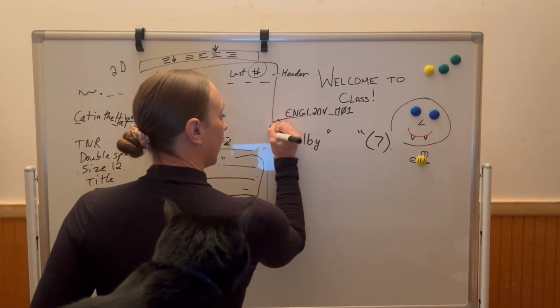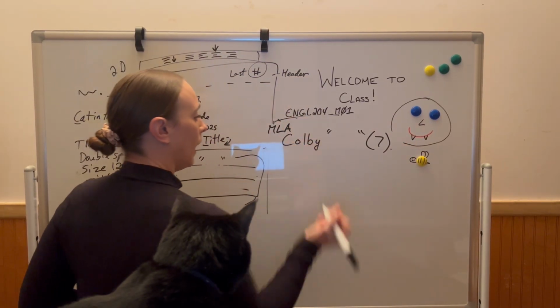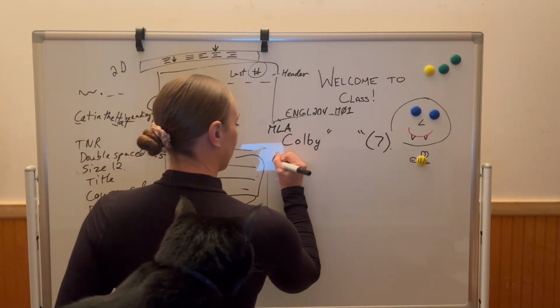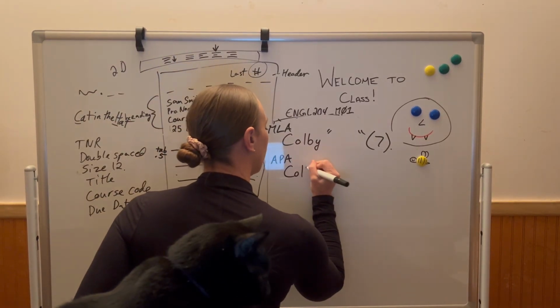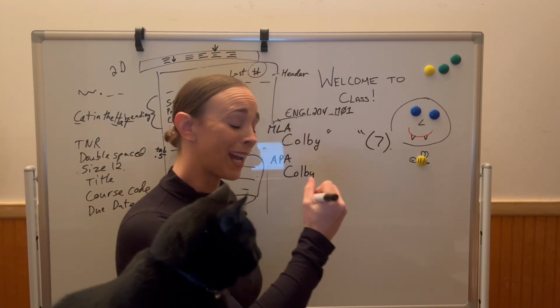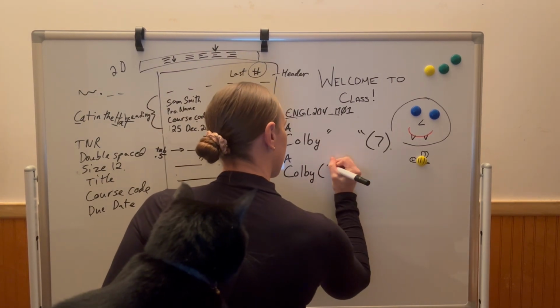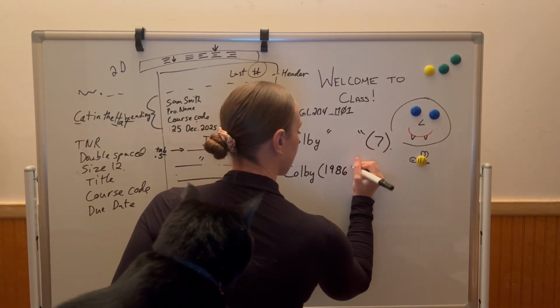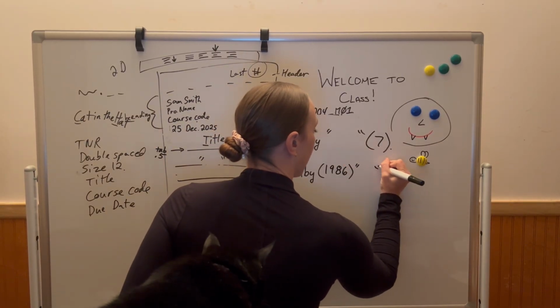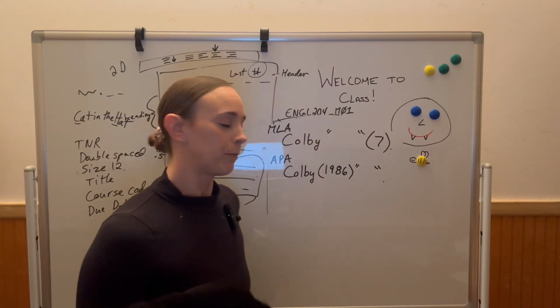That would be MLA. However, with APA, you would say Colby, and then you would have the year. So let's say 1986, and then blah, blah, blah, period.